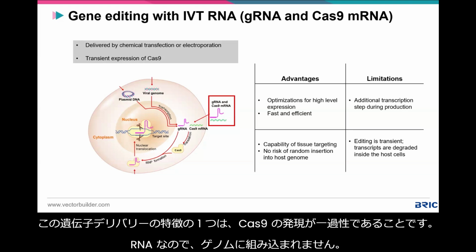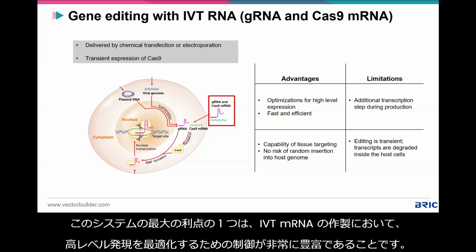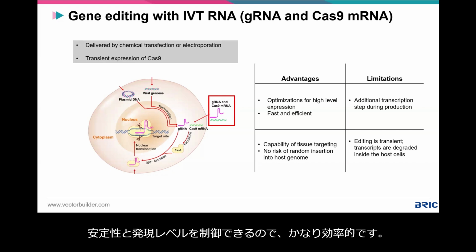Because it is RNA, it does not integrate into the genome. And one of the biggest advantages of this specific system is that in the creation of IVT mRNA, there is a great deal of control for optimization of a high level of expression. We can control for stability and expression levels. So it is pretty efficient that way.